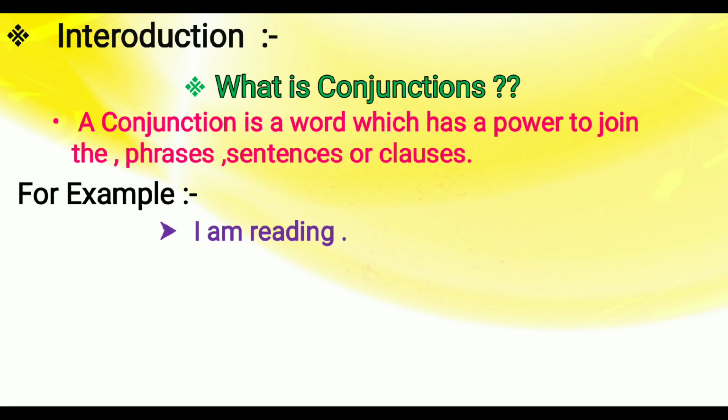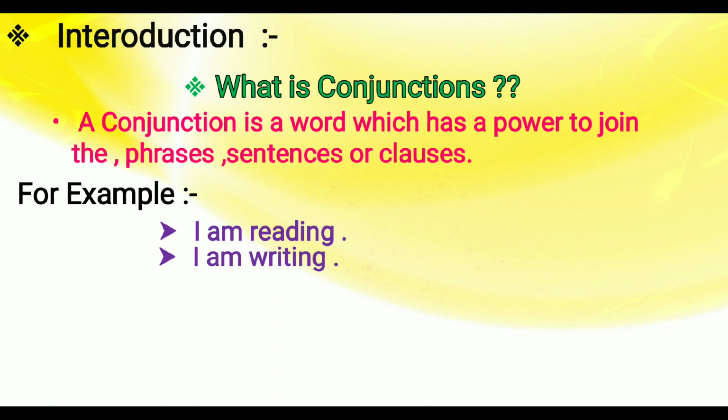I am reading. And then another sentence is: I am writing. Now there are two sentences here, right? But if we want to write them in one sentence, what can we do?